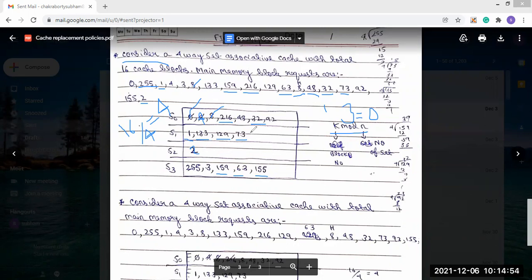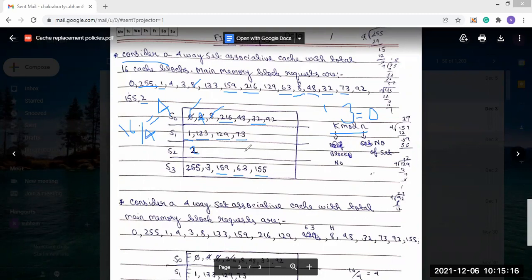So first you have to see which type of associative mapping is given. Now it is k-way set associative mapping, so we have divided into sets. If it is mentioned that it is fully associative, then no such problem arises. We will replace any block, any position, we will give that.